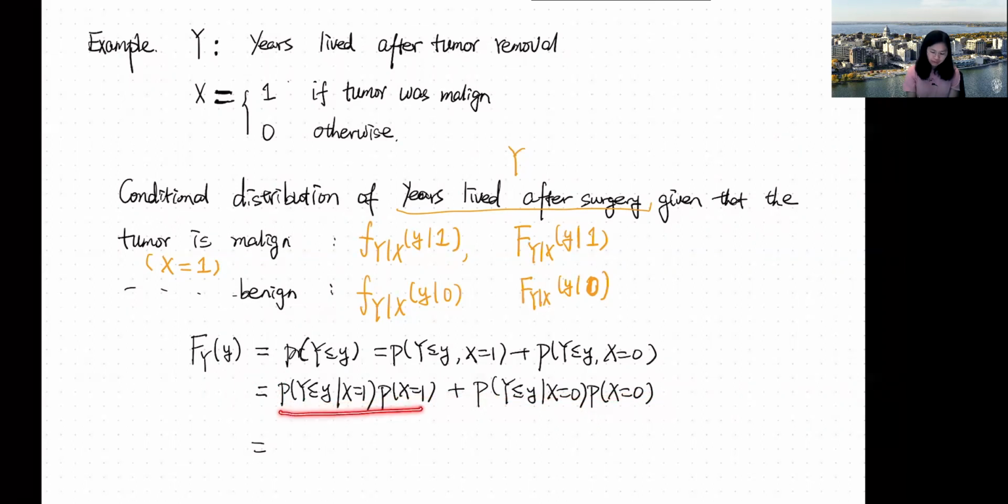But notice from the definition of conditional CDF, this is the conditional CDF of y given x equals 1. So that is F_{Y|X}(little y | 1) times the probability that x equals 1, which is the probability mass function of x evaluated at 1.